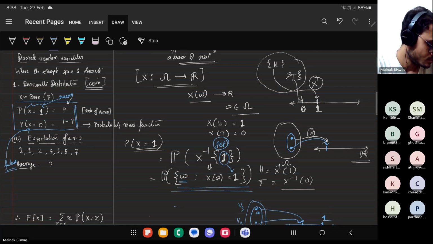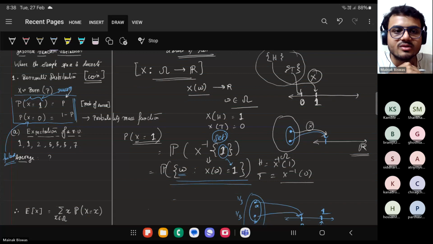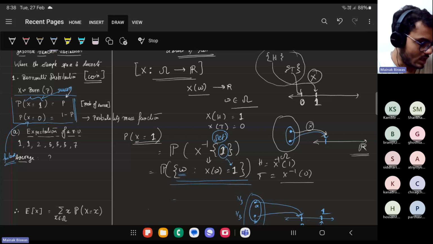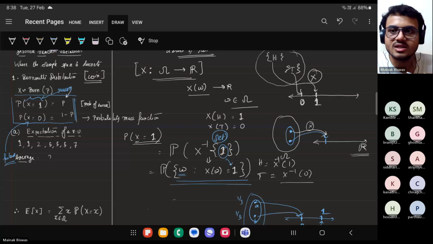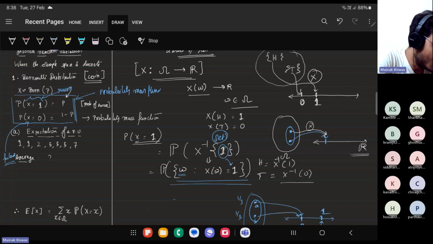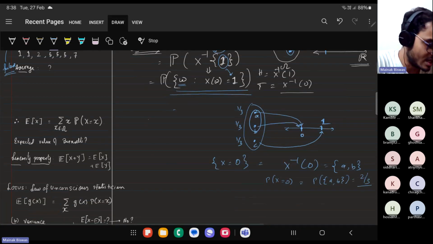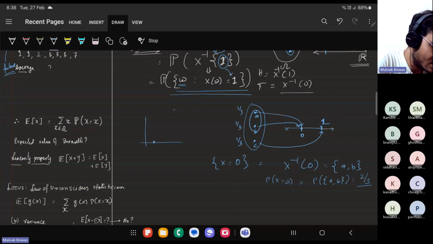Okay. Good. So if I ask you, that will only be able to appreciate the mass function. Why is it called a mass function? Because to every value, I'm giving a probability, right? So the random variable can be at 0 or 1, and I gave probability of half to both of them.